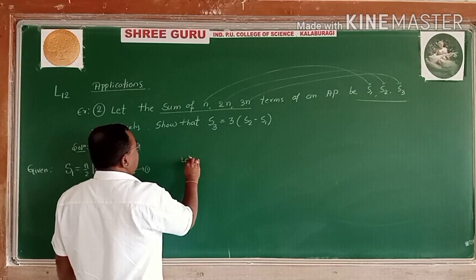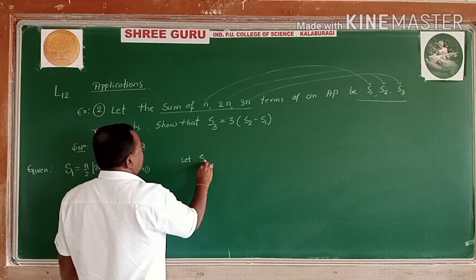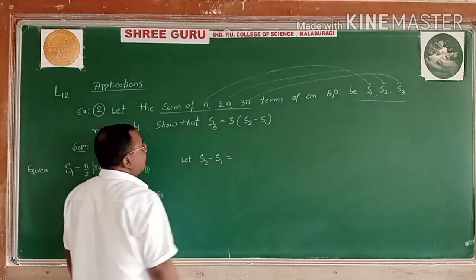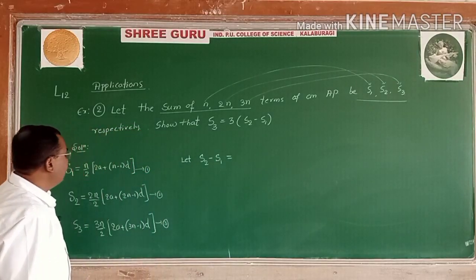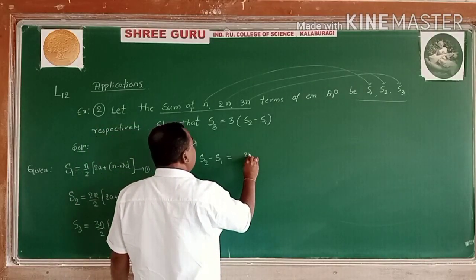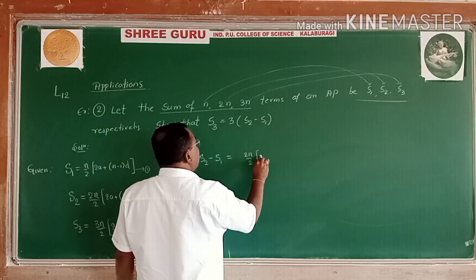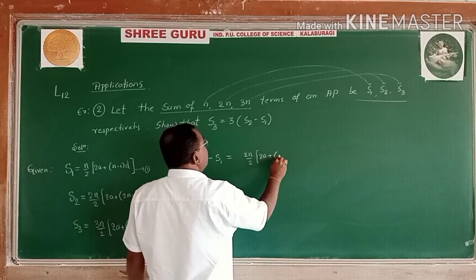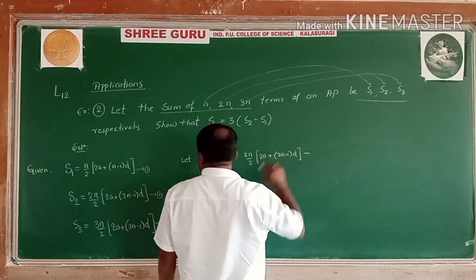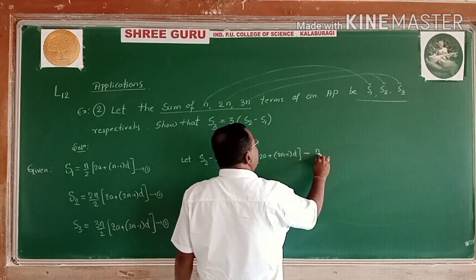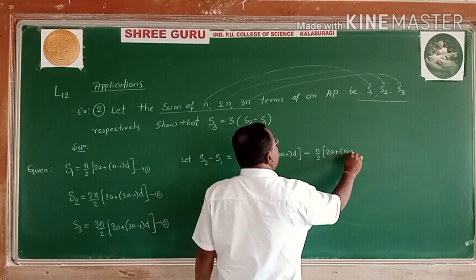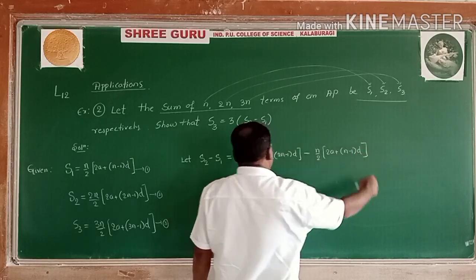Let 3 times (S2 minus S1) be considered: S2 minus S1 is equal to 2n by 2 times (2a plus (2n minus 1) d) minus n by 2 times (2a plus (n minus 1) d). This is the formula.